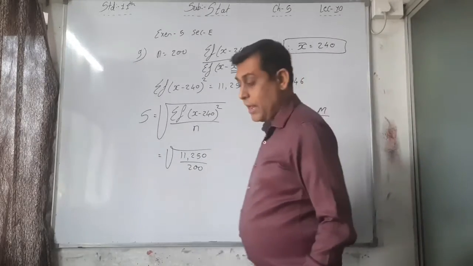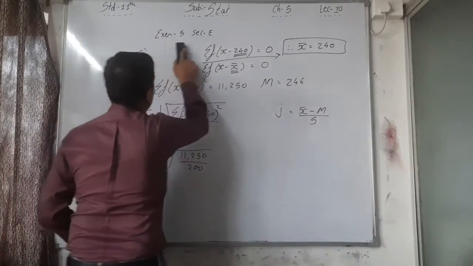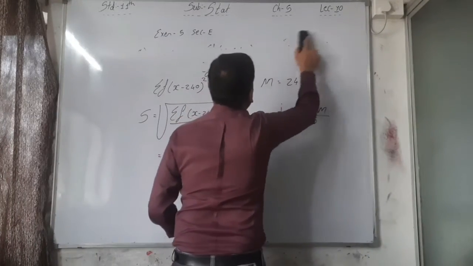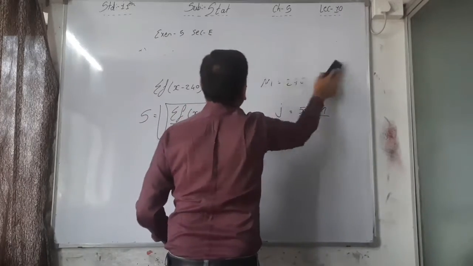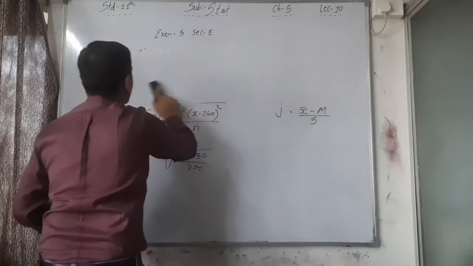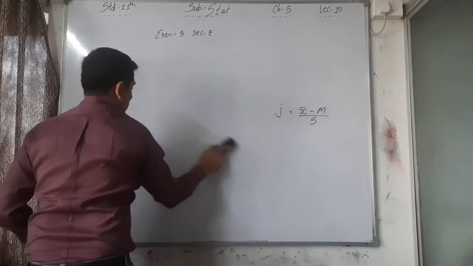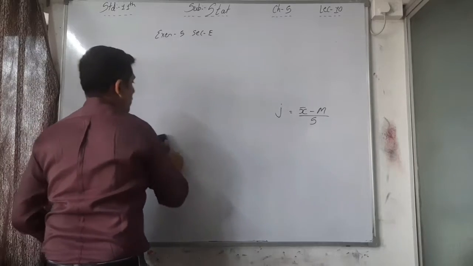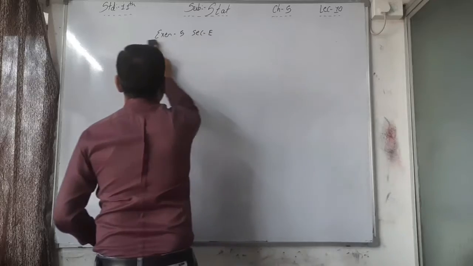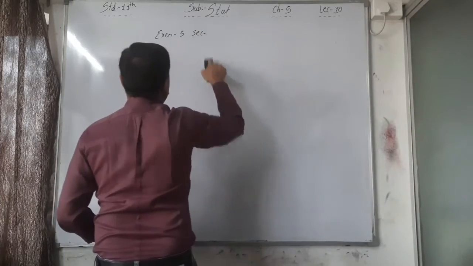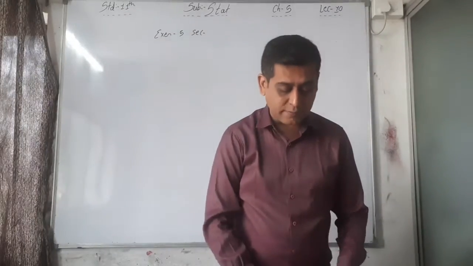Now section F. In section F, most of the sums are twisted, so we have to discuss that.